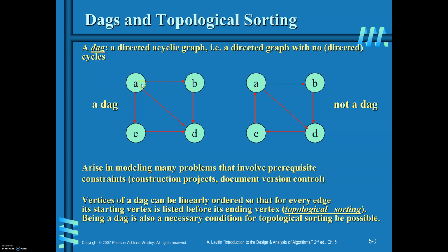One such topological sorting is A, B, C, D. Second one is A, C, D, B. But A, B, D, C cannot be a topologically ordered list because D is listed before C.